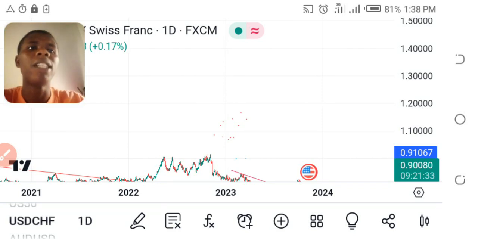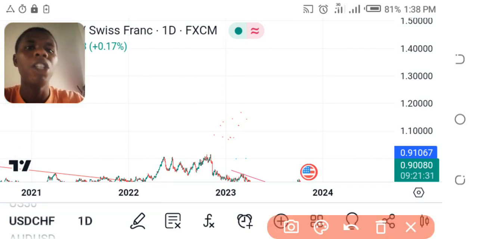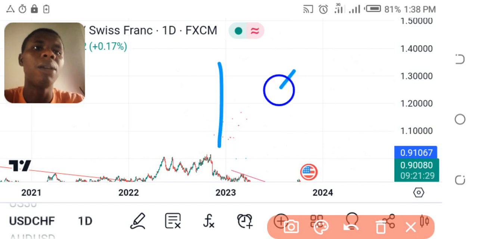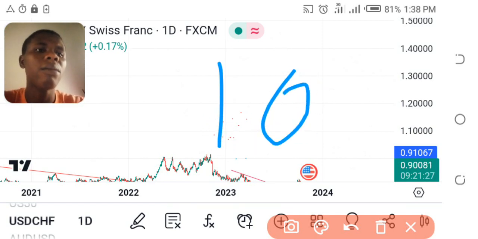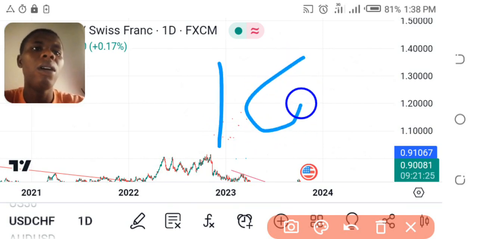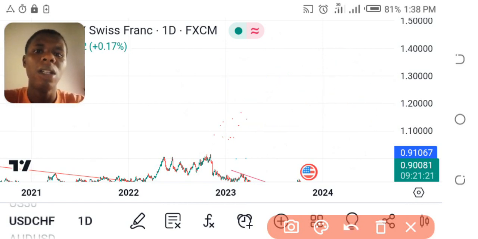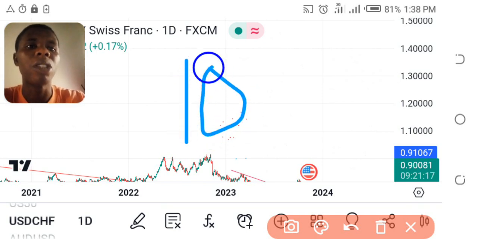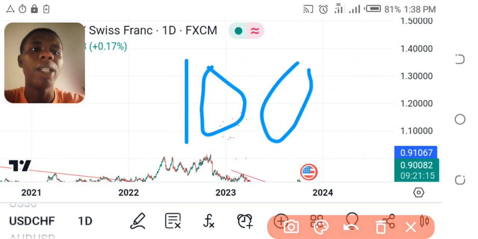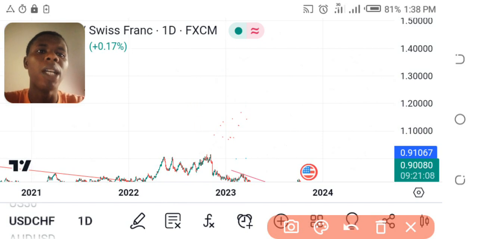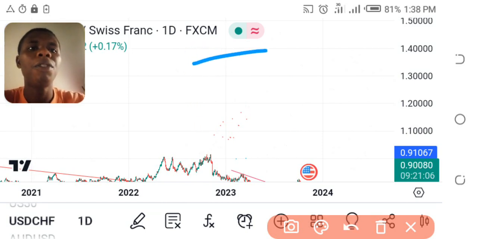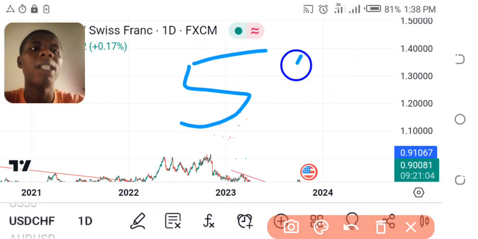Let's take for an example, you open a $100 entry, and the market is moving against you. Since you're not sure of it, you close out 50%.